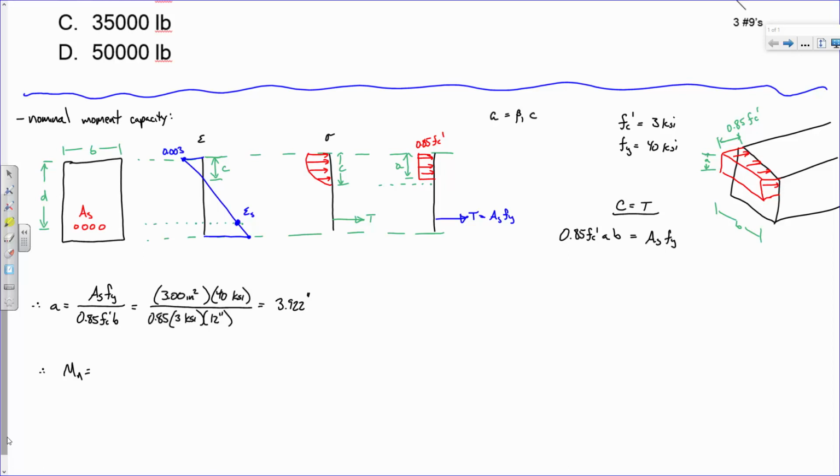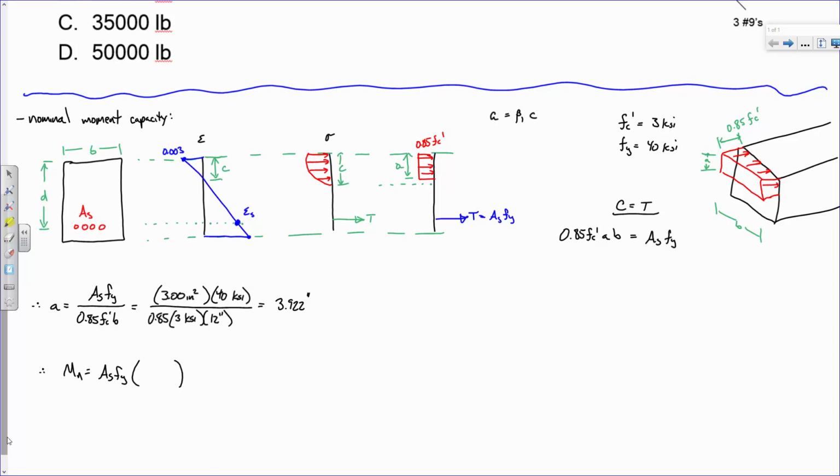And so the force, well, which one do I use? Do I use 0.85 f'c ab, or do I use As Fy? Well, the short answer is As Fy. The long answer is it really doesn't matter because the 2 forces are equal. So be lazy and use the force that has 2 terms versus the one that has 4. So just use As Fy.